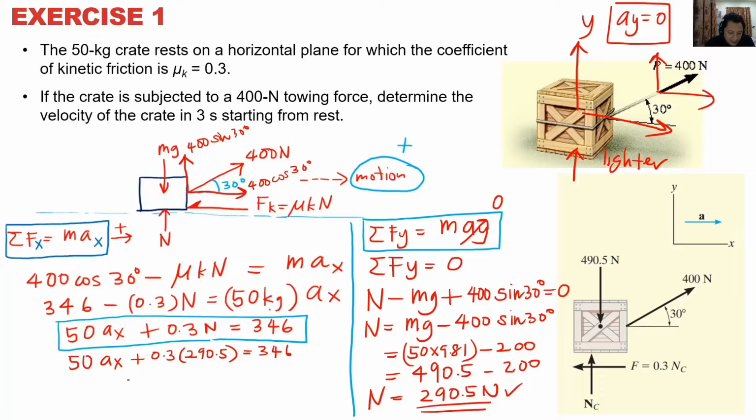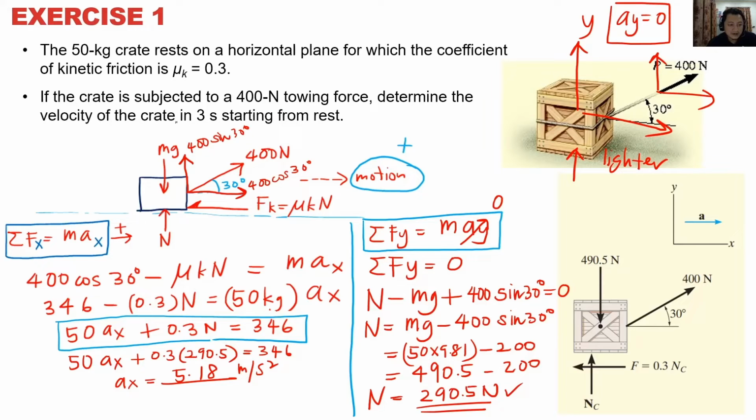So what now? ax equals 346 minus 0.3 times 290.5, divided by 50. So you get 5.18 meters per second squared. This is the box acceleration, 5.18 meters per second squared.